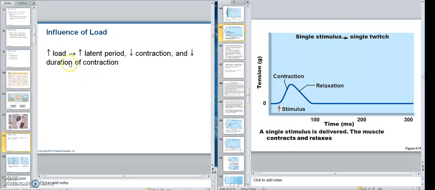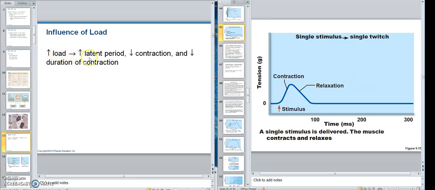So your latent period is going to be longer before you can do the contraction. The contraction is going to be decreased as far as lifting the thing, and a decreased duration.